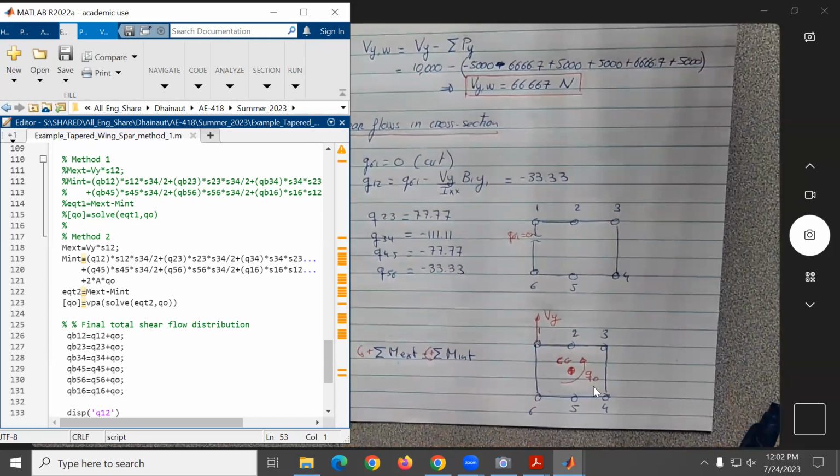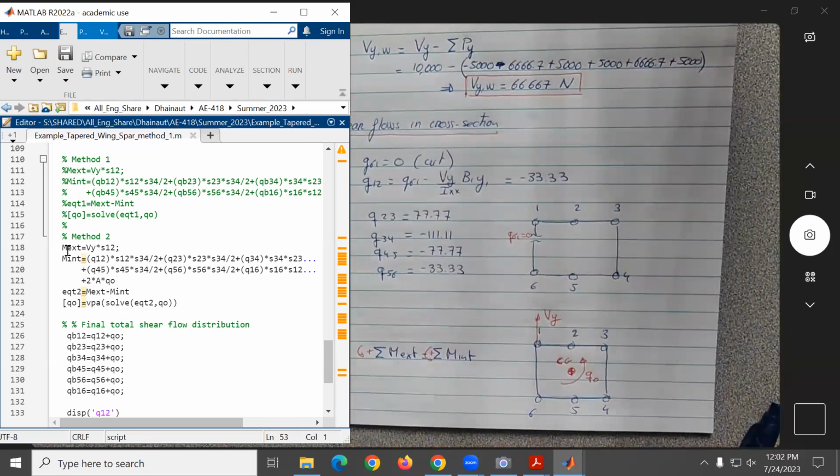So remember the Vy was here. I'll show you the code. I think you should be able to figure it out. The V external will be the Vy times S12. And then I do the Q12 times S12, that will be the value of the force times the arm. Q23 times S23 times S34/2 will be the arm.